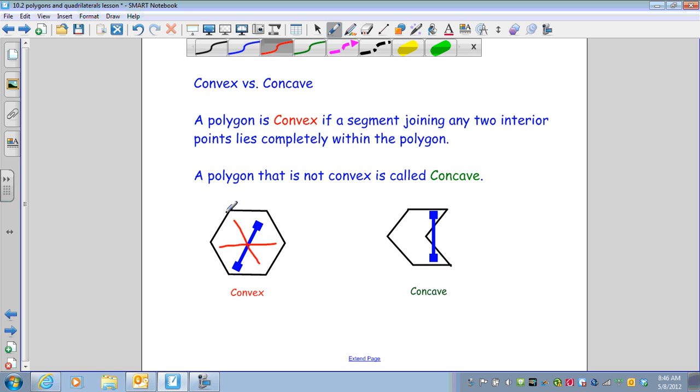So it's impossible to draw a line between any 2 points and have it go outside. A concave is not the case because you can draw a line that goes from one point in the shape to another that extends outside. So here we can draw some that are good, but other times we may cross those lines. So that would be concave.